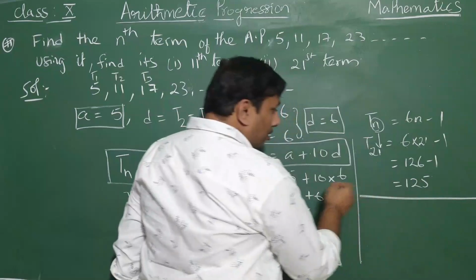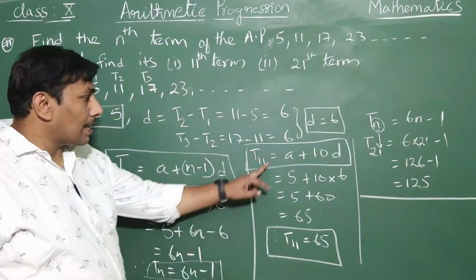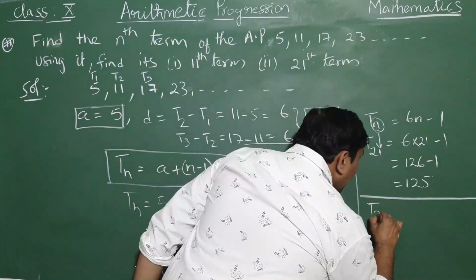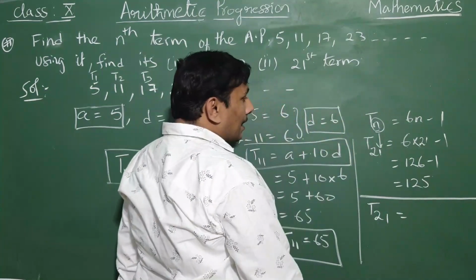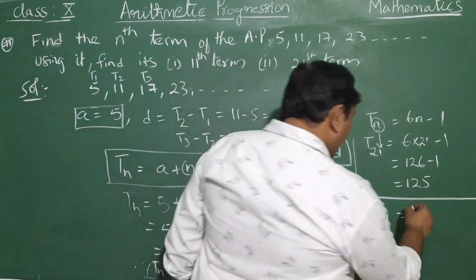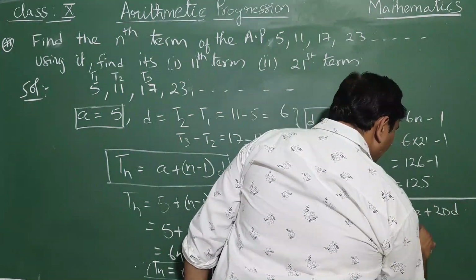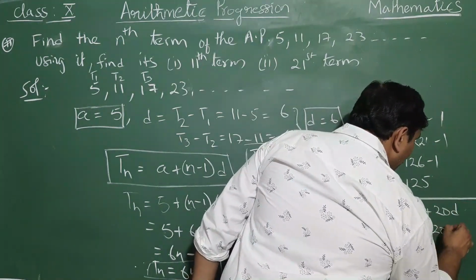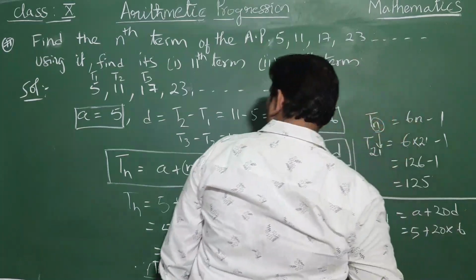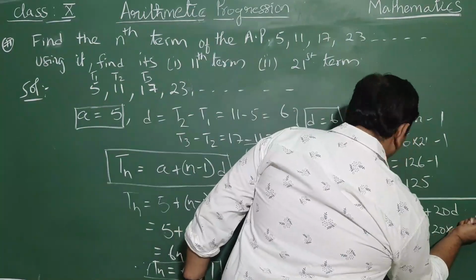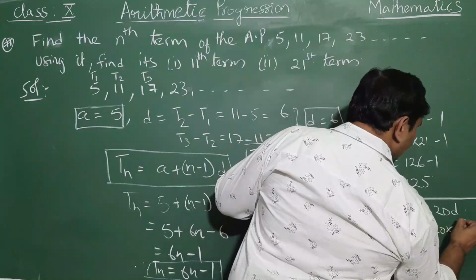So let us try out not only with this formula, let us try with the other formula. T21 we can write as A plus 20D. A is 5, 20 into D, D we got as 6.